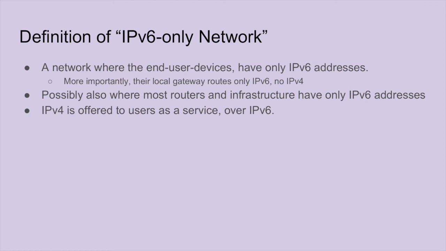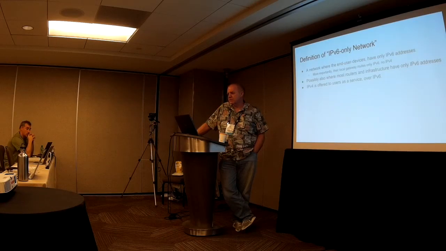Possibly also where most routers and infrastructure also have IPv6 addresses, because as v6 addresses become more scarce and more valuable, you may want to squeeze the most bang for buck out of each one of them. And then on the IPv6 only network, IPv4 is offered to users as a service over IPv6.